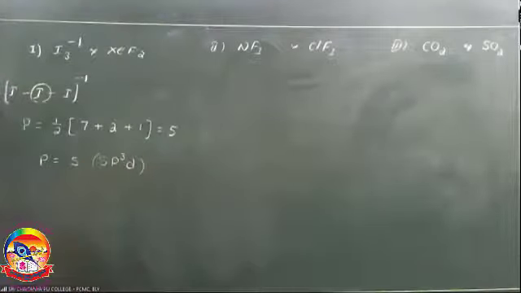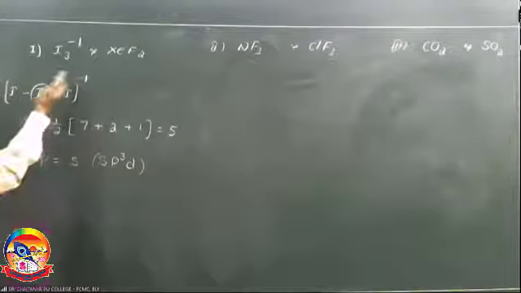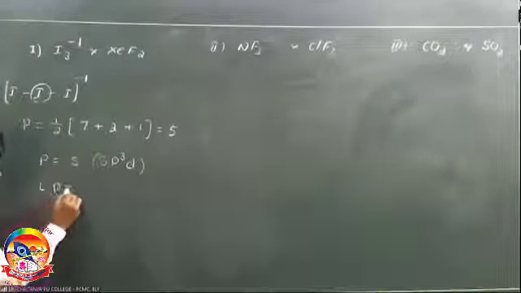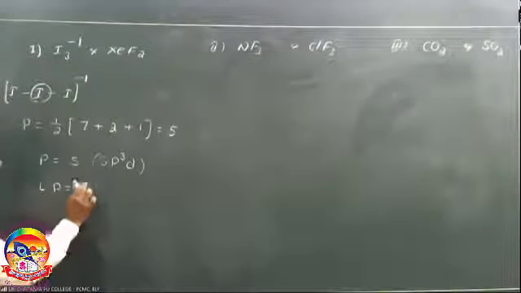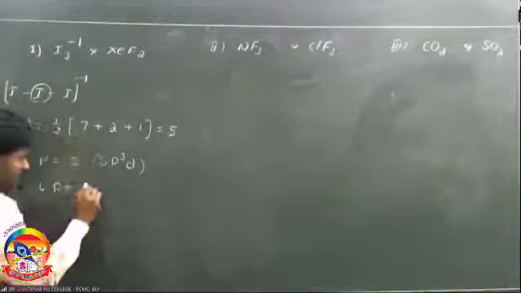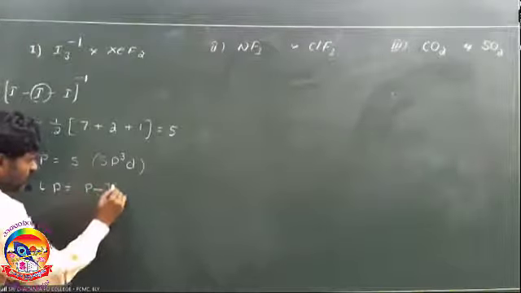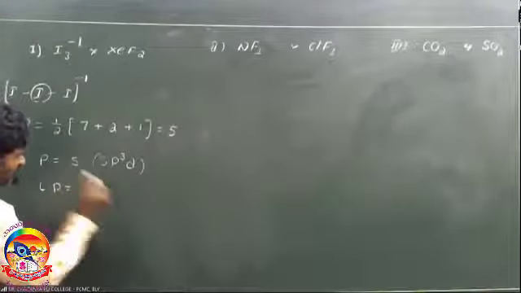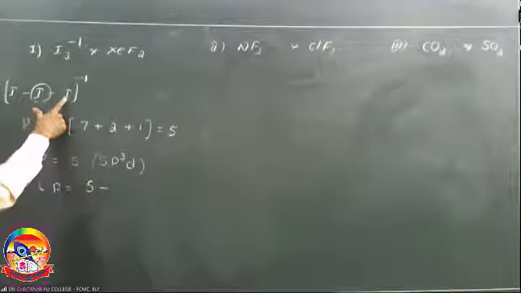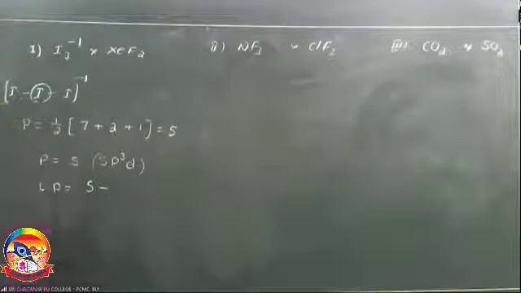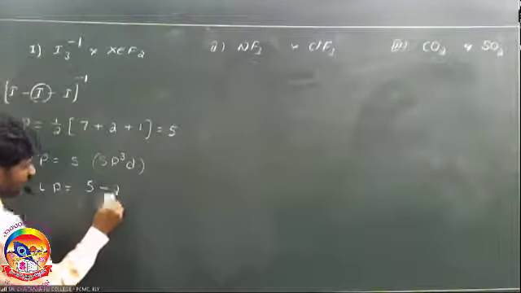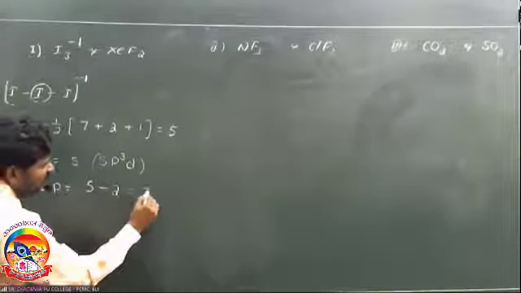Next, geometry. Geometry depends on the number of lone pairs. The number of lone pairs equals P minus bonded atoms. P value 5 minus bonded atoms: the first bonded iodine, the second bonded iodine, so the number of bonded atoms is 2. 5 minus 2 is 3.